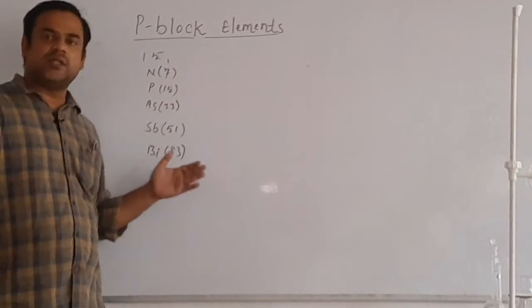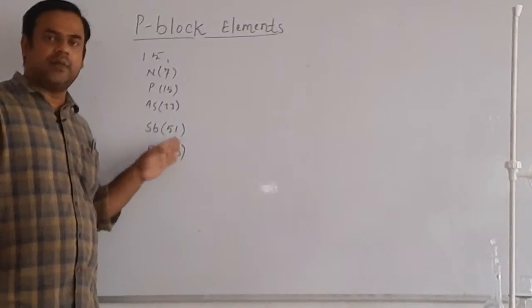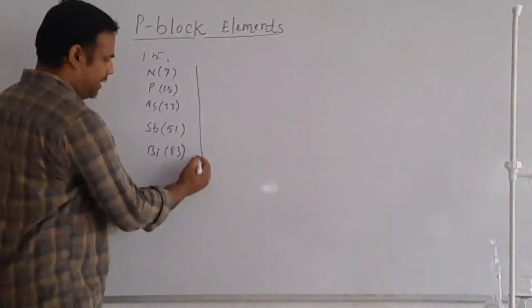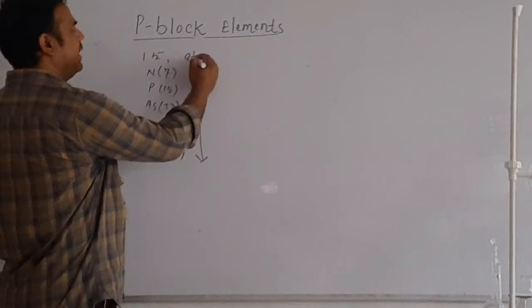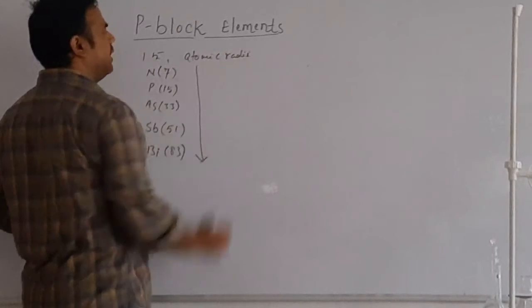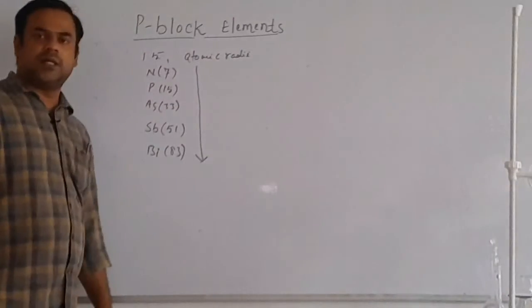Due to the increase in number of shells, atomic radii of these atoms increases down the group. So when we move down the group, atomic radius increases.